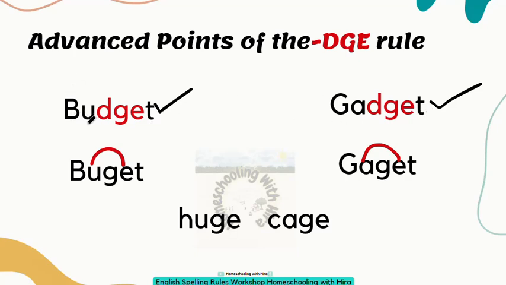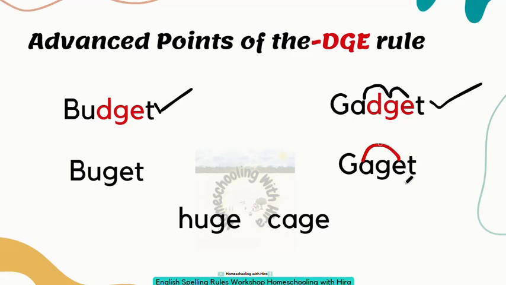Why? Because if we remove this D from here and we only write it with GE, what will happen? This E will pull the sound of this U and the word will be budget. We are adding this D here to stop E from hopping over to the consonant and pulling the sound of letter U. Similarly, in gadget, E cannot hop over to consonants.